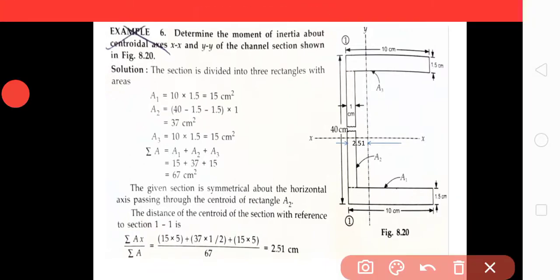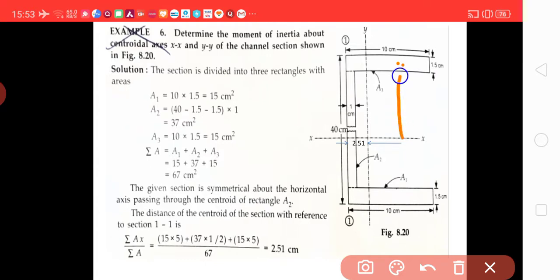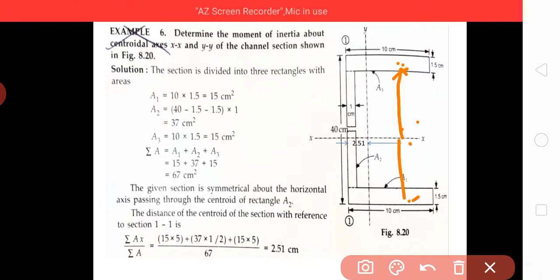Here you consider this 0.75 plus, that is 40 minus 0.75. The distance is this much. Same is for this much. And this is lying on this axis, so it is 0. These are the dimensions of y.